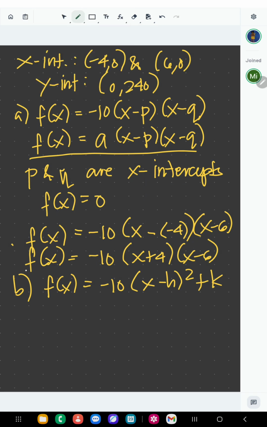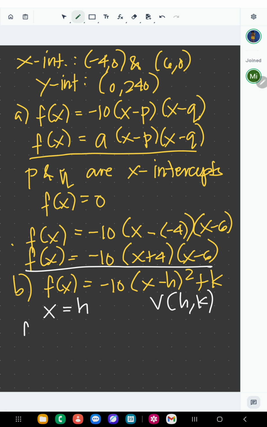We can expand this equation, because we know that the axis of symmetry x is equal to the x coordinate of the vertex, because the vertex is (h, k), right? So we expand that, and then we get the axis of symmetry using negative b over 2a. So let's expand. f of x equals negative 10.